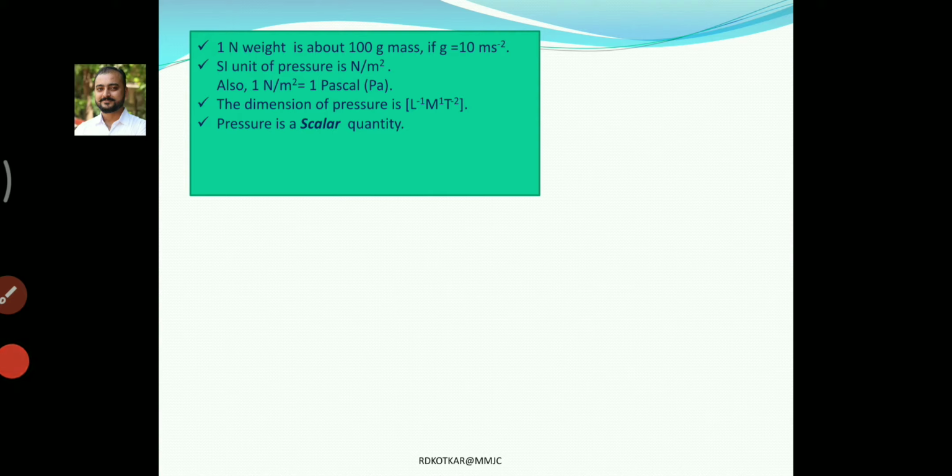Pressure is a scalar quantity. Just remember, pressure is a scalar quantity.